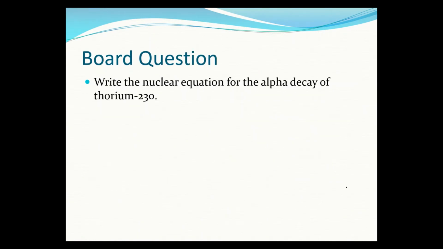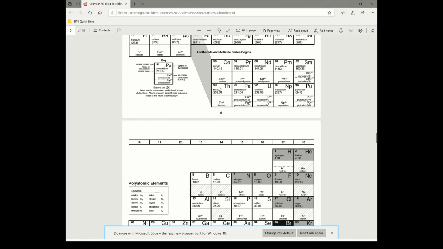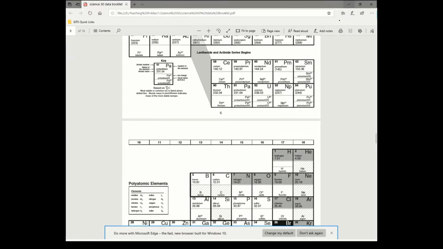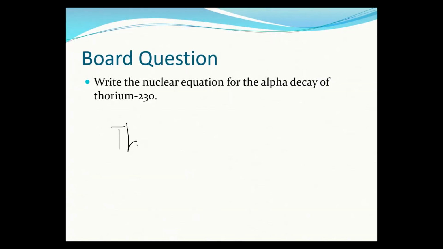Okay, give this one a go. Same thing. So you have to look up thorium-230. Here, thorium, which is number 90. Thorium 230, like that. It emits an alpha particle.